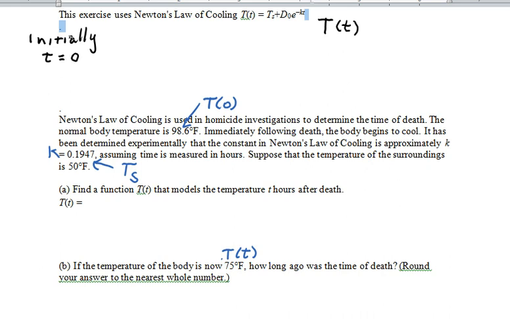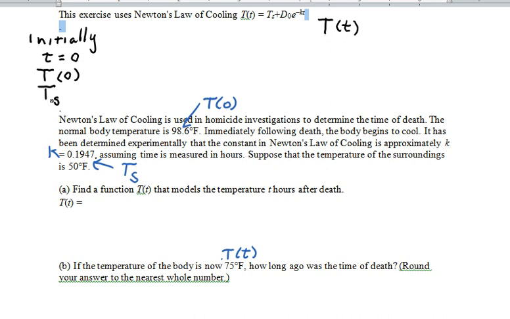It stands for the time. Capital T of 0 will be the initial temperature of the object when it is placed in the new surroundings. And capital T sub S is the temperature of the surroundings.